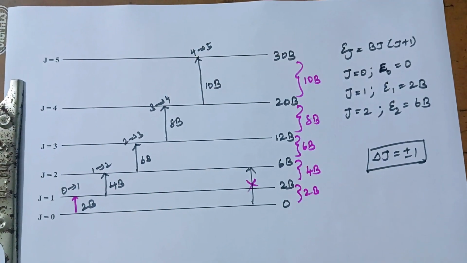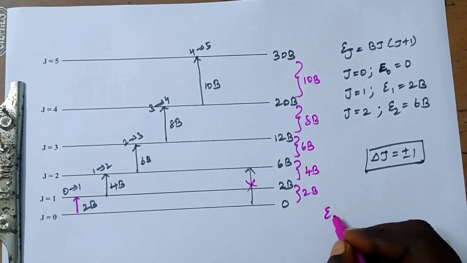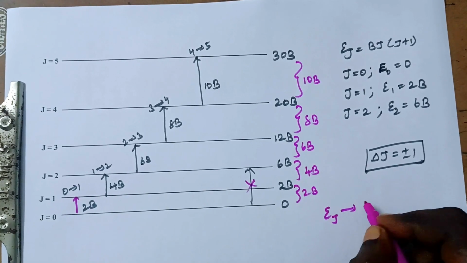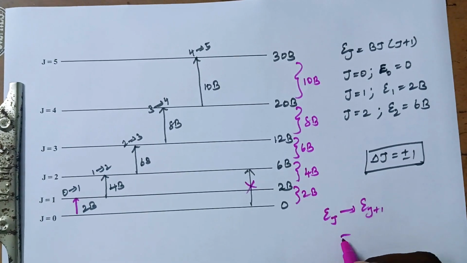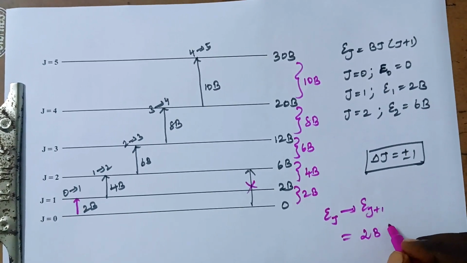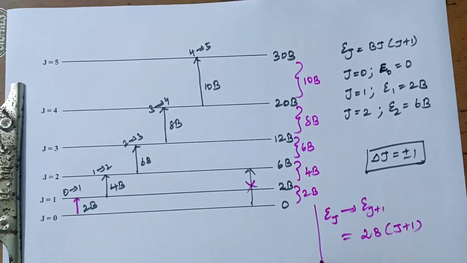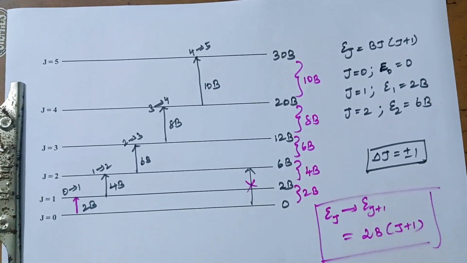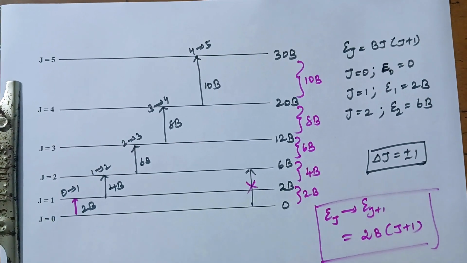There's a general formula to calculate this delta E: E of J plus 1 minus E of J is equal to 2B into J plus 1. This is a general formula for each transition following delta J is equal to plus or minus 1.